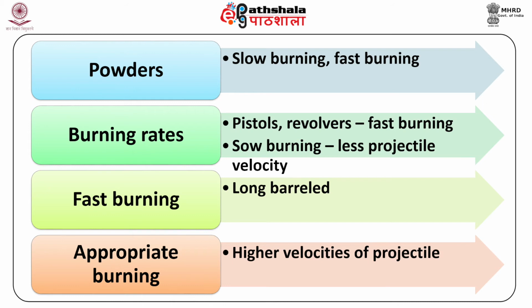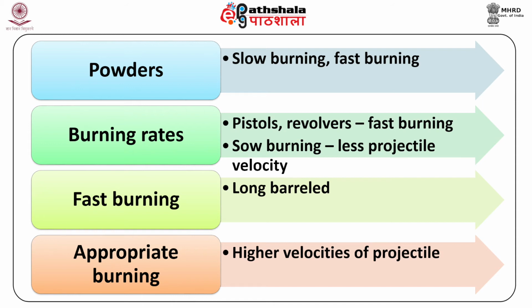For example, in pistols and revolvers, a very quick burning powder is needed so that the powder is converted into gases before the projectile is pushed out of the short barrel of the firearm.